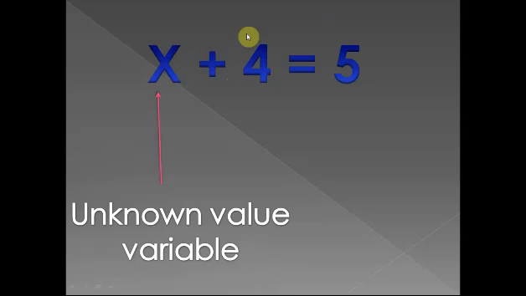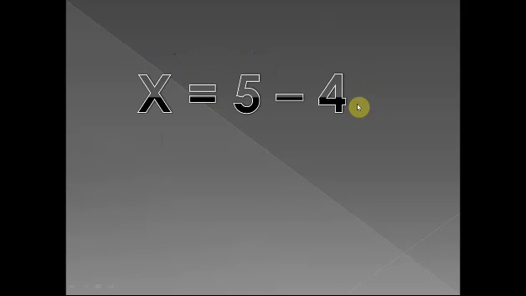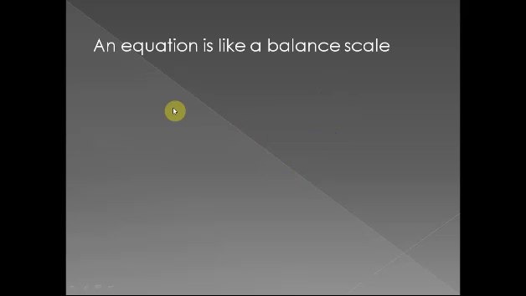That means that we should get 4 on the other side with 5. Like this one, we have the unknown value by itself and all the known numbers on the other side.